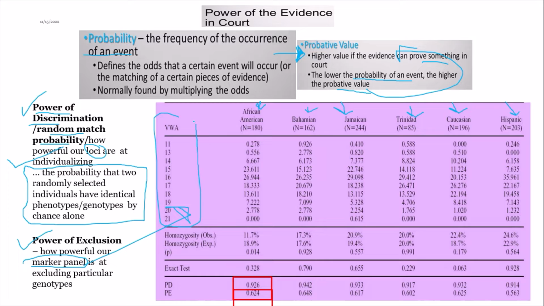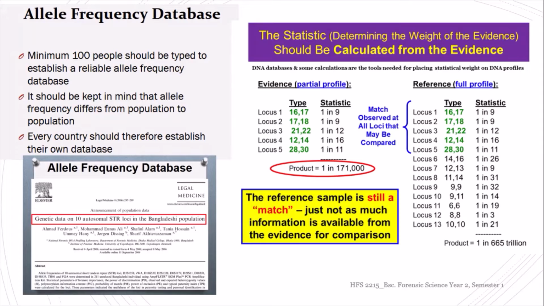So we want to identify the power of exclusion of excluding particular genotypes once you're comparing even different populations across the world, so that at the end of the day we are able to say that the evidence that we are having, we are sure this is an African American, or this is a Jamaican, or this is a Caucasian individual, among other calculations of evidence in the court of law. So in this case, usually what we will develop, one of the main population databases is what we call an allele frequency database.